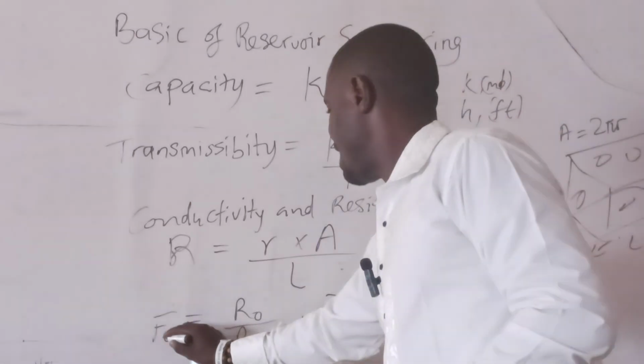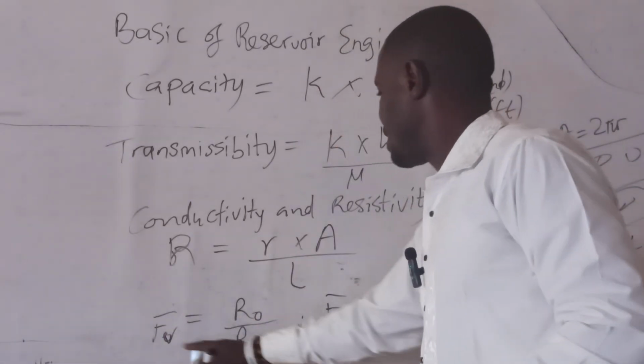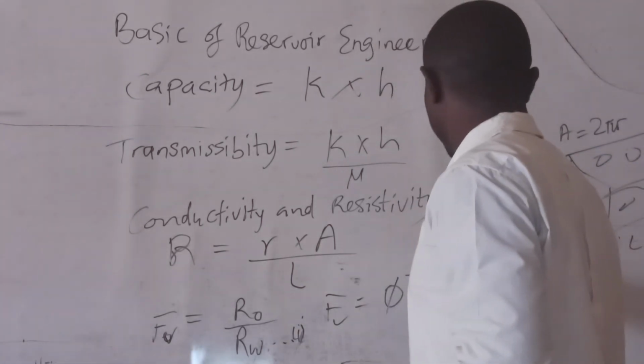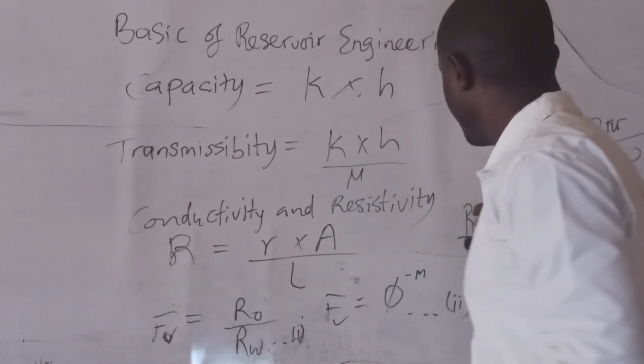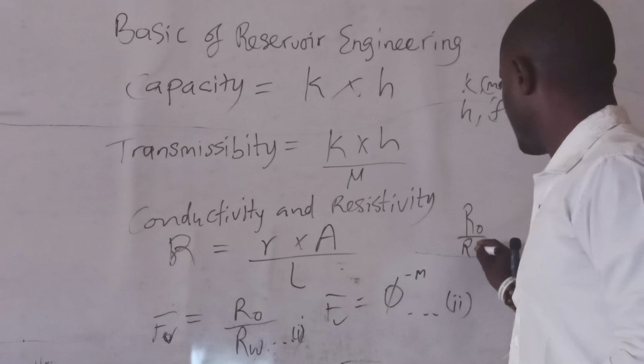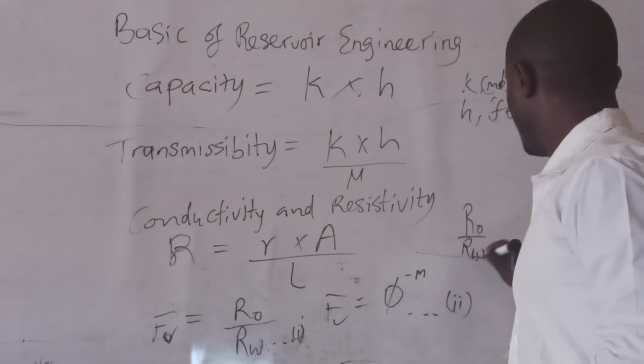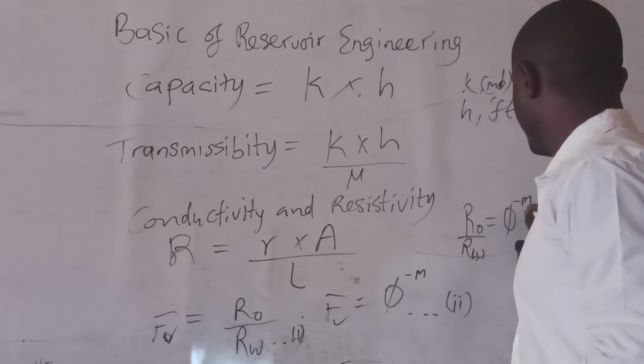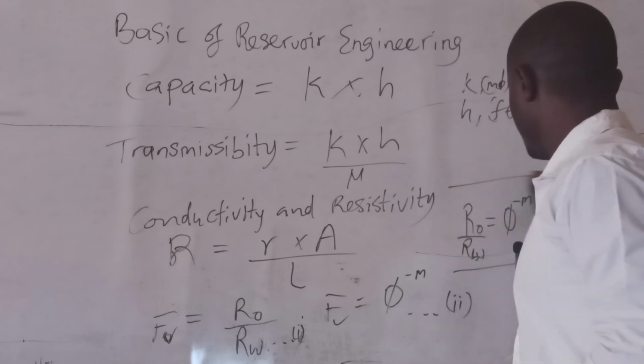Since we have the formation resistivity factor in both cases, we can equate them, giving us that the resistivity of the non-conductive phase over the resistivity of the conductive phase is equal to porosity to the negative power of the cementation factor M.